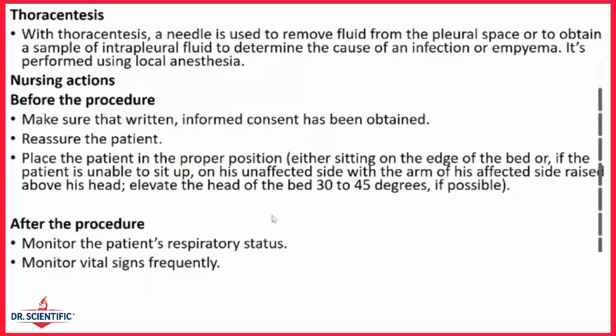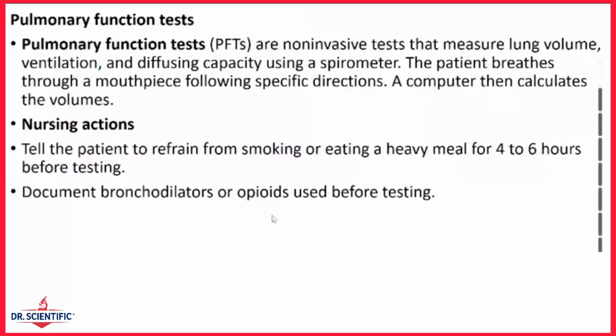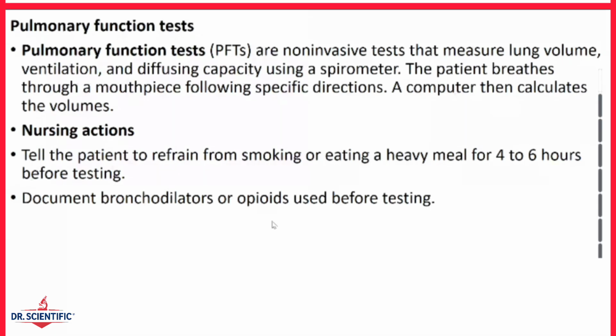Then we have the pulmonary function tests, which you've done, I know, which help to measure lung volume, ventilation, and the diffusing capacity, and we make use of a spirometer.